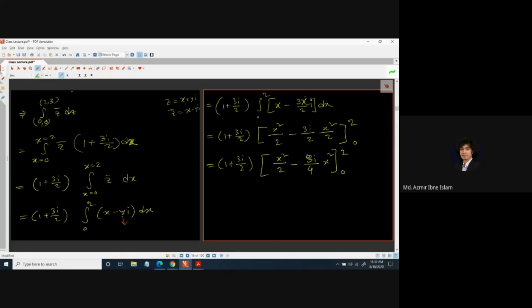So before applying the fundamental theorem of calculus, let's locate x so that we can input the upper limit and lower limit. So (1 + 3i)/2. If we work with the upper limit, so 2 squared by 2, minus 3i by 4, 2 squared. This is the working for the upper limit, and for the lower limit 0, it will be 0 minus 0.